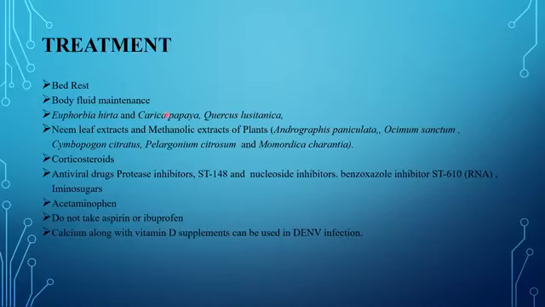Different plants have been used for the treatment of dengue virus in different ages, for example Euphorbia hirta and Carica papaya, various leaf extracts, lemon leaf extracts, and methanolic extracts of plants like Andrographis paniculata and Ocimum sanctum. These plants have been used in different ages for the treatment of dengue virus infections, and they proved fruitful.